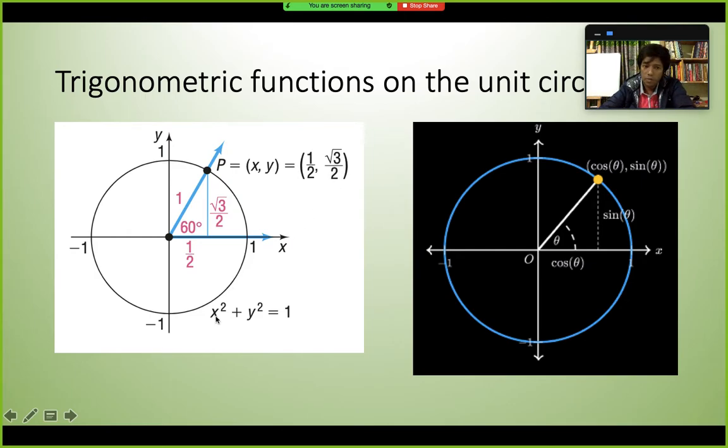And of course, x square plus y square equals 1, since it is a unit circle. And somehow this value and this value will act in such a way that by the Pythagorean theorem we will always get 1 here. Suppose if this value increases, then this value will decrease.